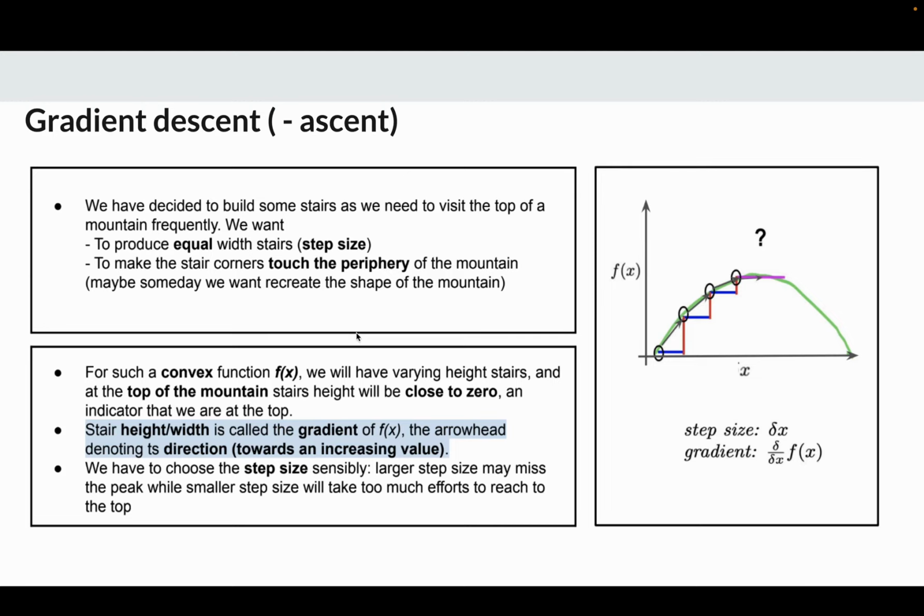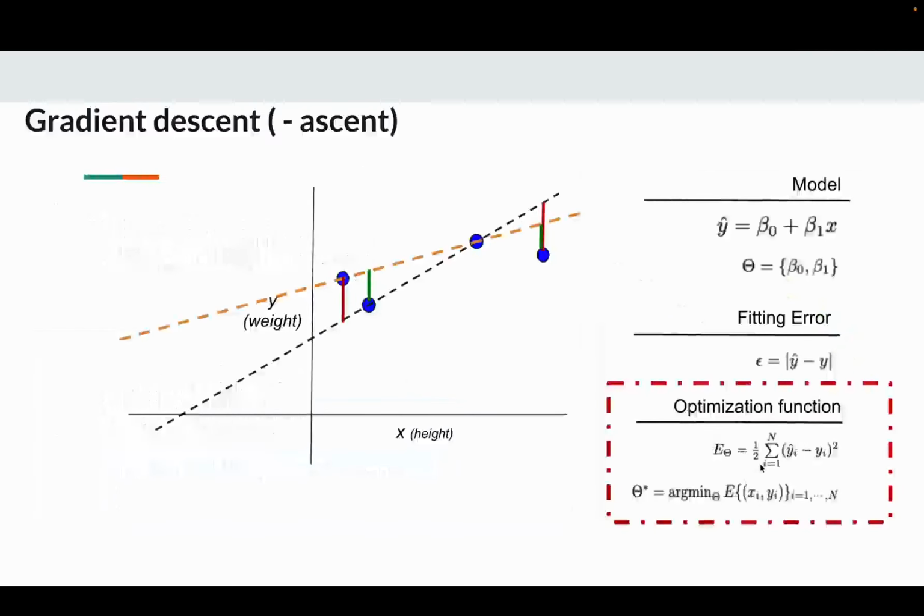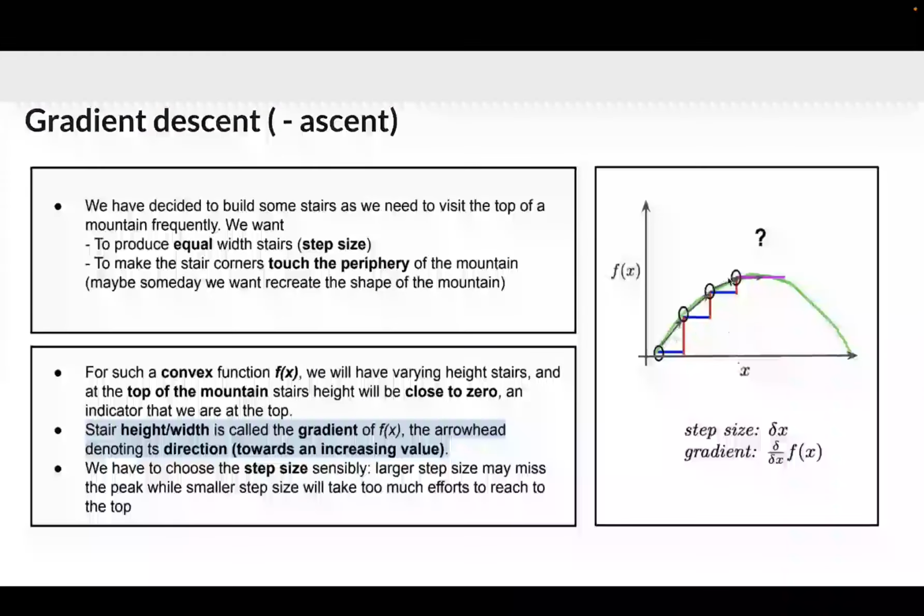So let's talk a little bit about the general idea, and we are actually taking one specific function. This is a quadratic convex function. With a convex function, you can think of it as climbing a mountain or a hill that has this kind of shape.